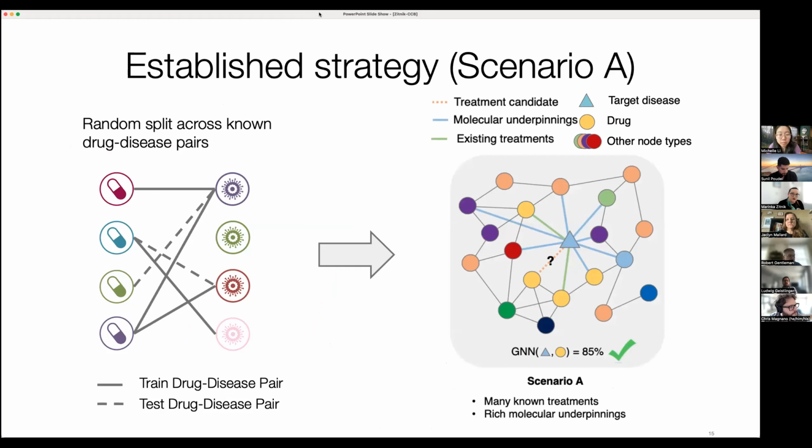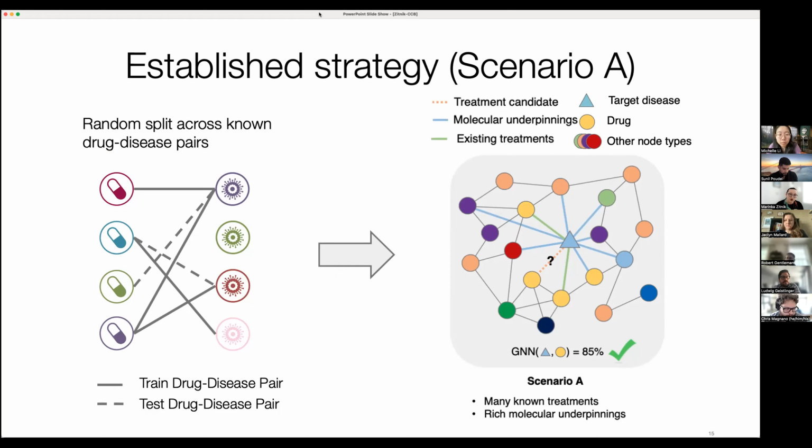So given this knowledge graph, we want to design a model that can perform well across a broad range of diseases, right? That was our motivation, and that's what's required if you want a broadly useful model. In existing research, there are several established strategies commonly used to evaluate models in this area.